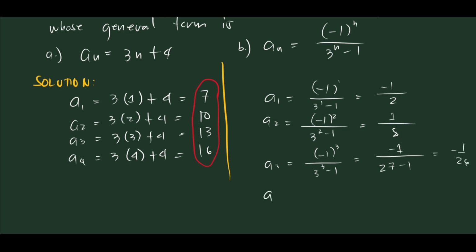And then finally we have a4. This will be negative 1 raised to 4 over 3 raised to 4 minus 1. So 1 all over 3 raised to 4, which is 81, minus 1: 1 over 80. So these are now our first four terms of this sequence.